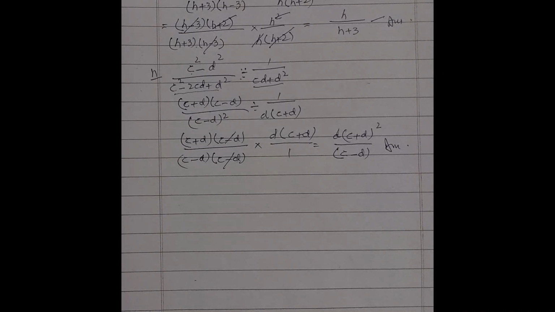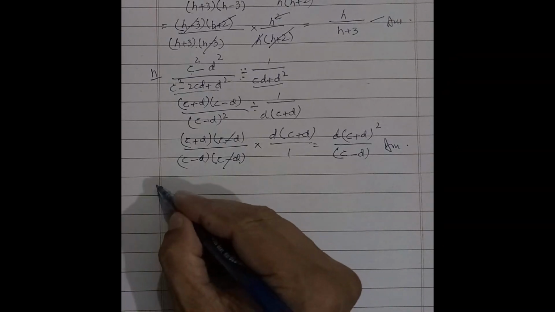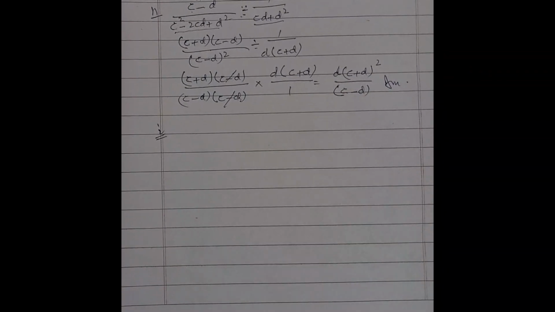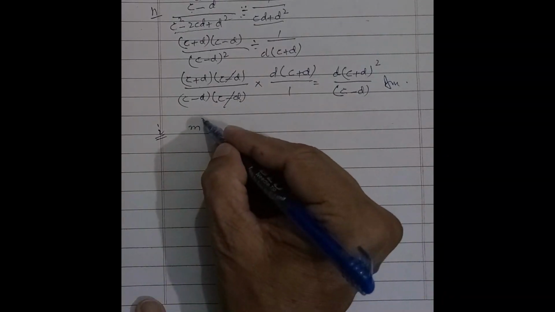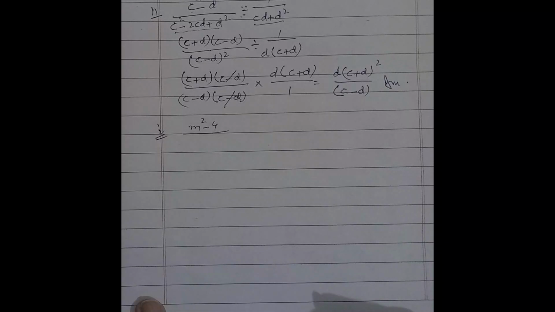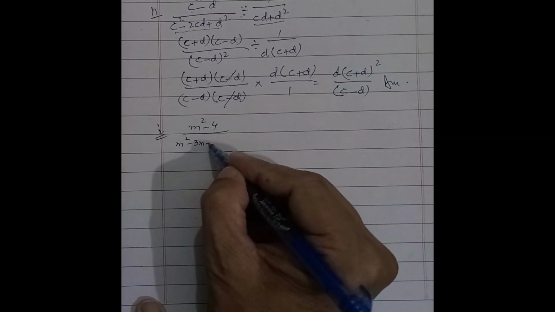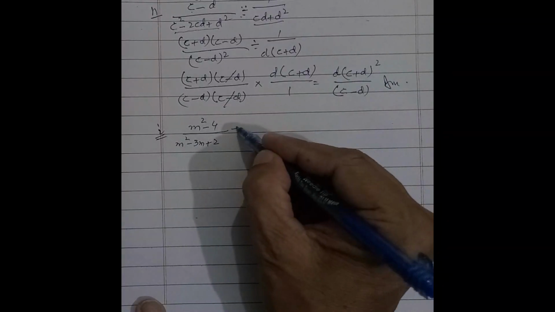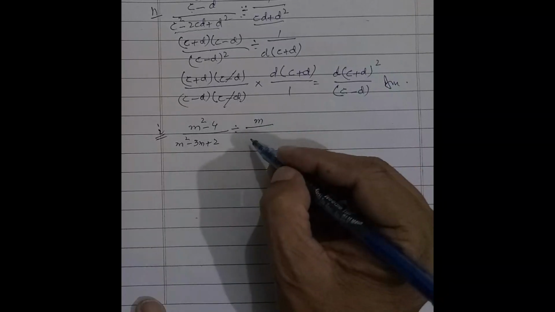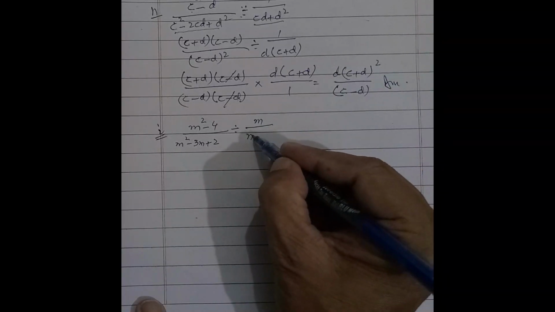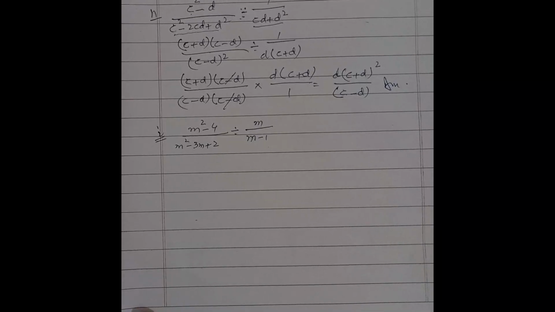And the next is I part of the question, in which m² minus 4 over m² minus 3m plus 2, divided by m over m minus 1.